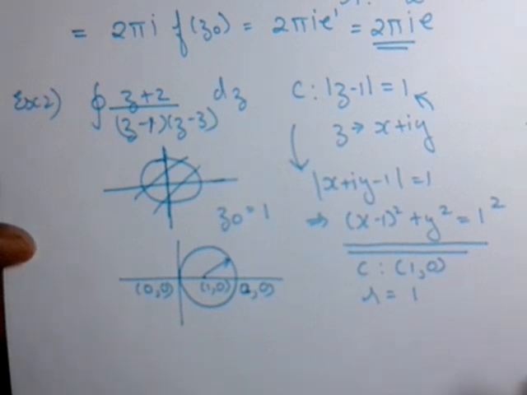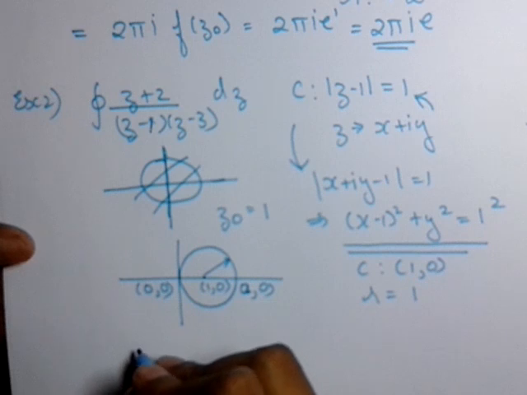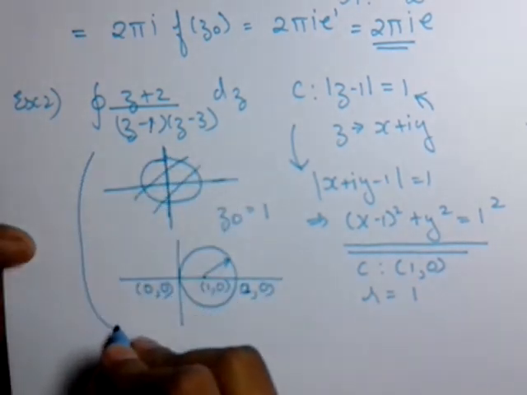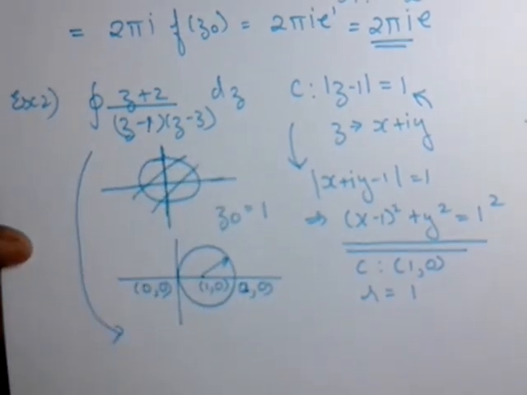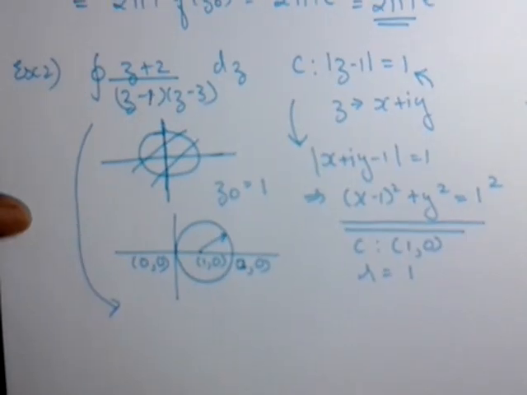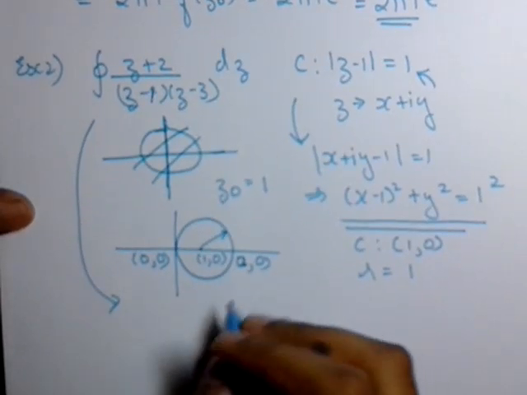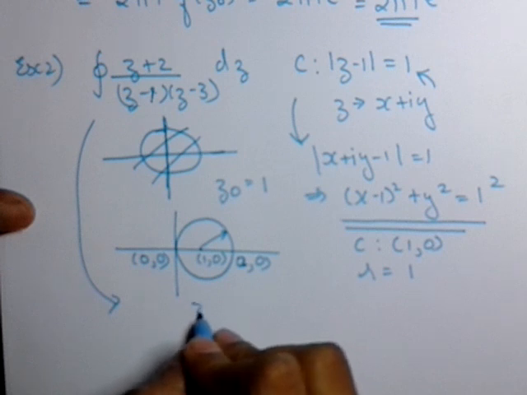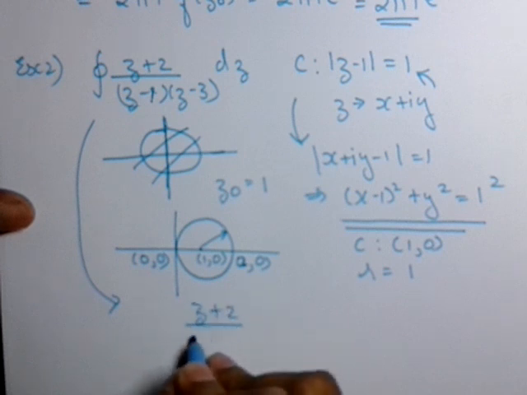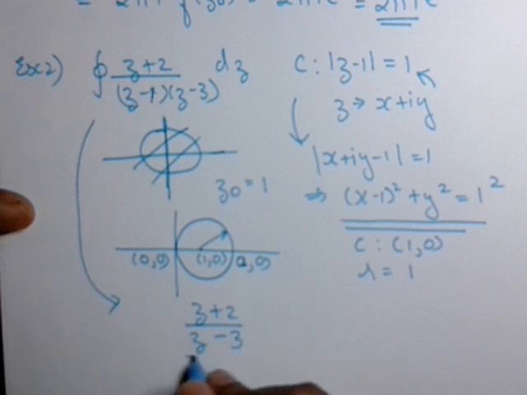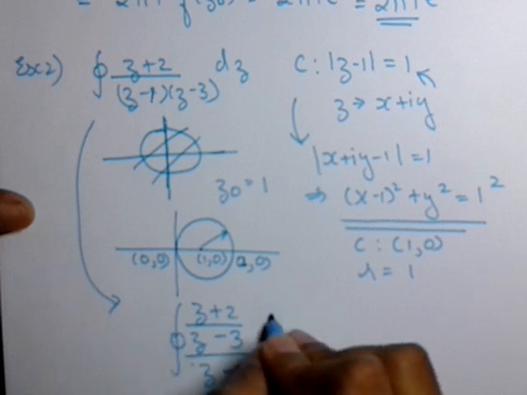So now what is f(z)? So we can further write it in a clever way like this: (z plus 2) upon (z minus 3) upon (z minus 1) dz.